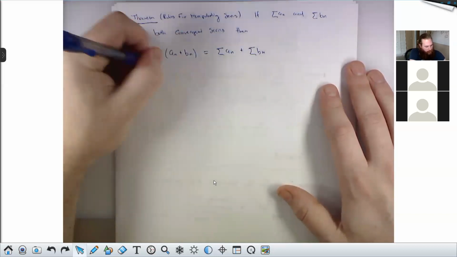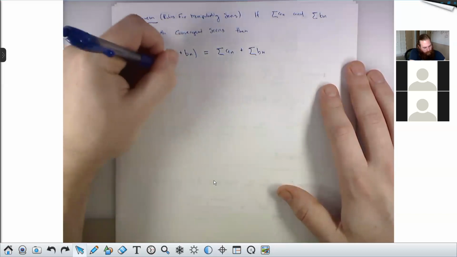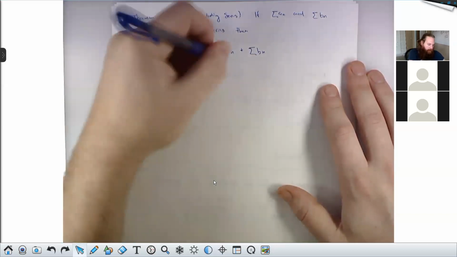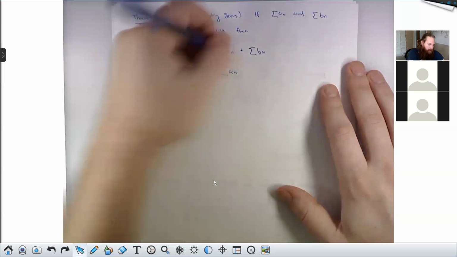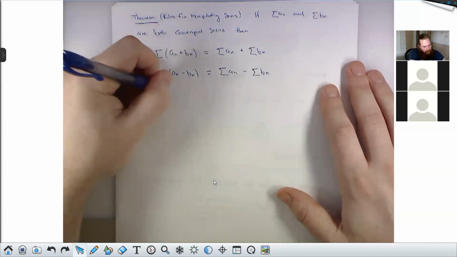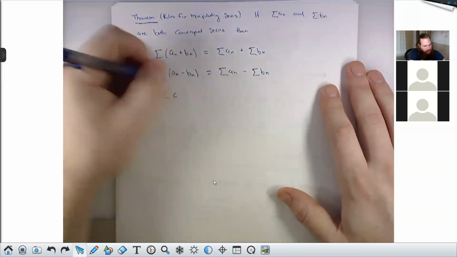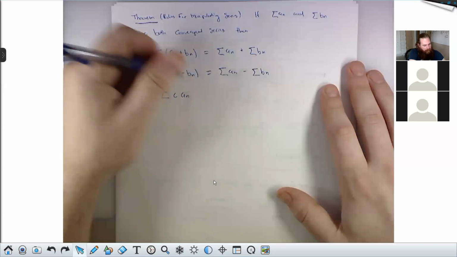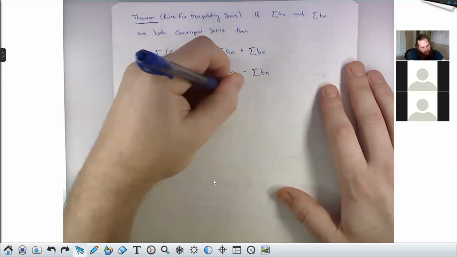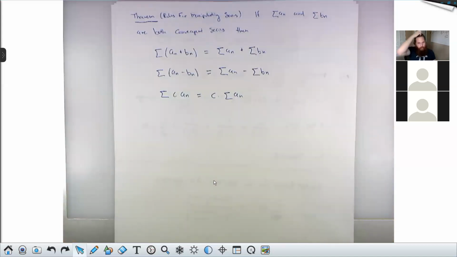You can change the plus to a minus. That works just fine also. Sigma an minus bn is the same as sigma an minus sigma bn. And sigma of a constant c times an, the constant can pop out. That's the same as c times sigma an. In other words, the sigma operator is a linear operator.